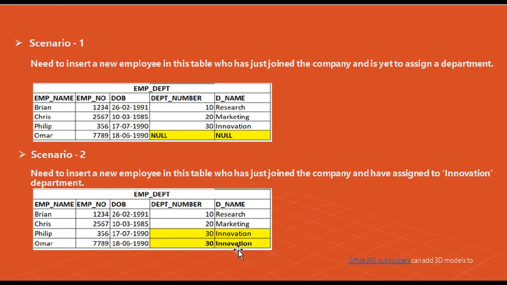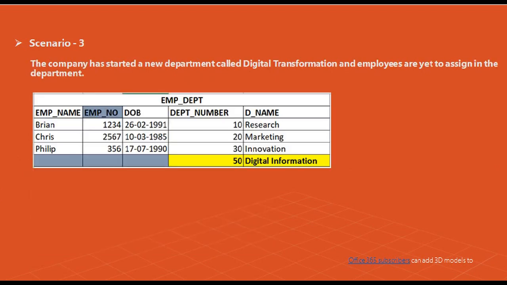Now, to record this information, I have to have this department name in this table, because my design is that way only. So let's consider this highlighted row. The department number is 50, the department name is digital transformation, but as no employees have been assigned yet, I cannot fill any information in the employee portion.